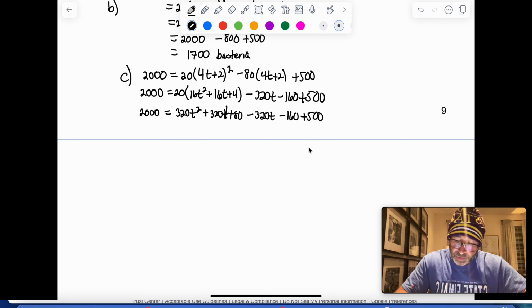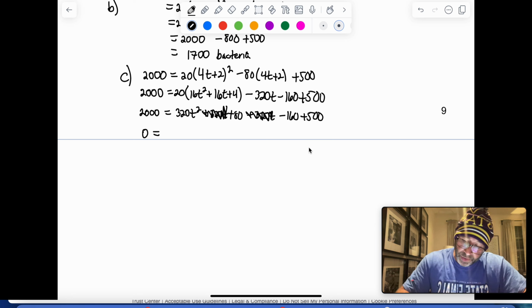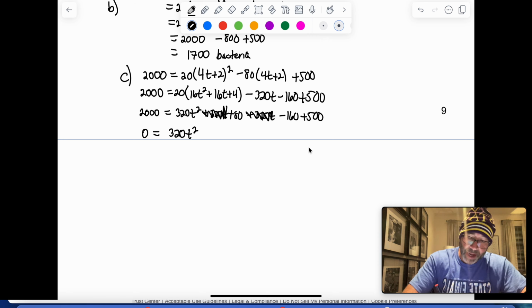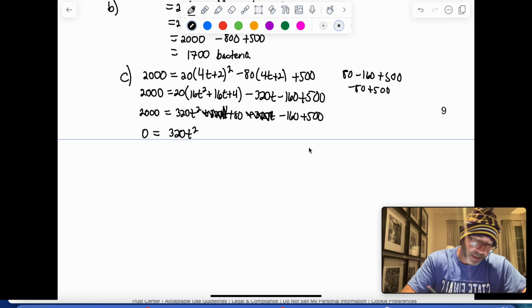All right, let's put some things together here. We can actually get rid of the 320t's here in this problem. And I'm going to move things over. So we have 0 equals 320t squared. The 80 minus 160 plus 500 is going to be negative 80 plus 500. And then that's going to be 420. But we're moving the 2,000 over, so we're going to subtract 2,000 from this, which means we're going to have negative 1580.